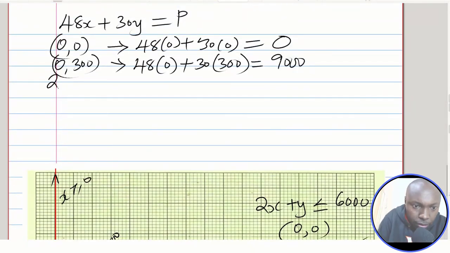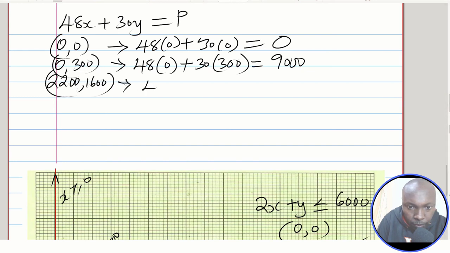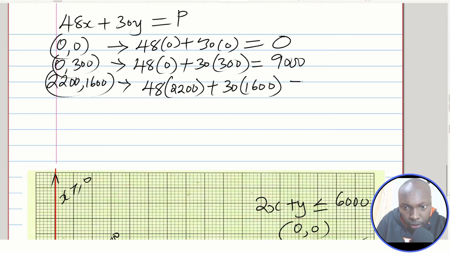So 48 times 2,200 plus 30 times 1,600. That is going to give 153,600.